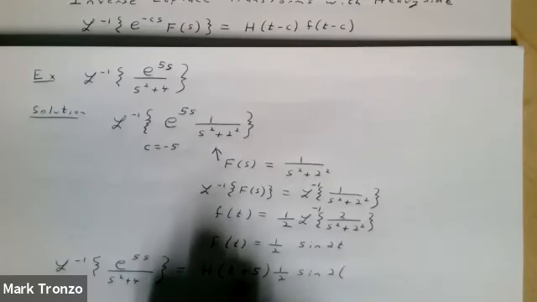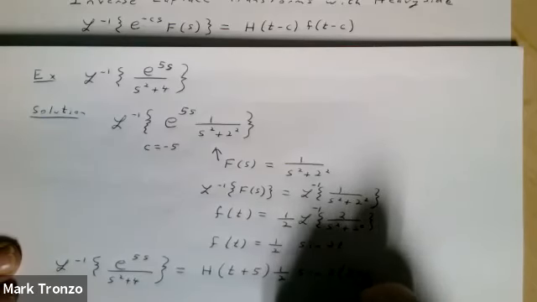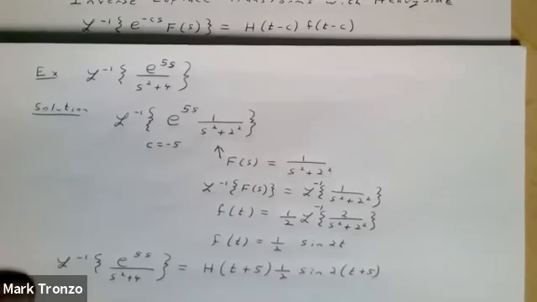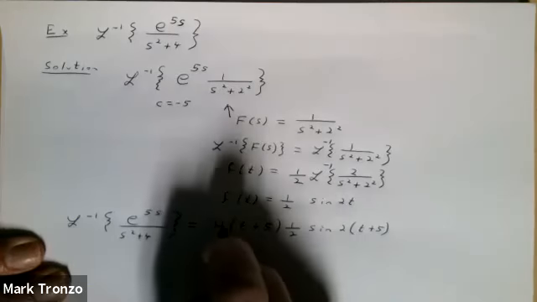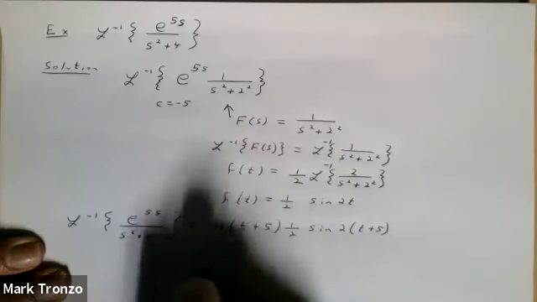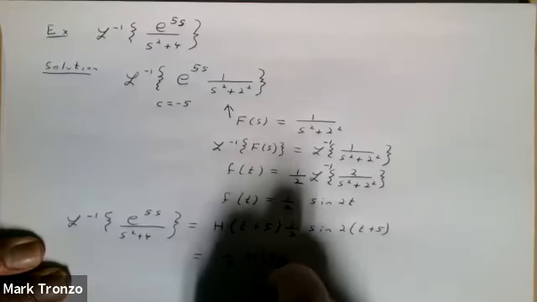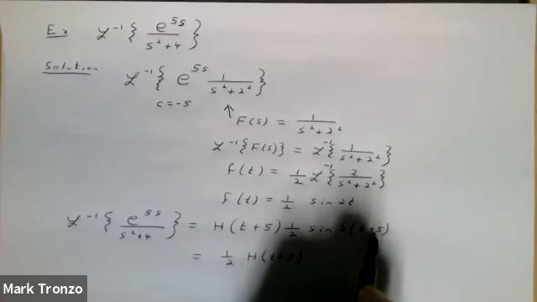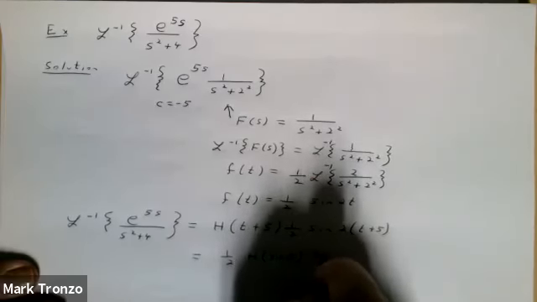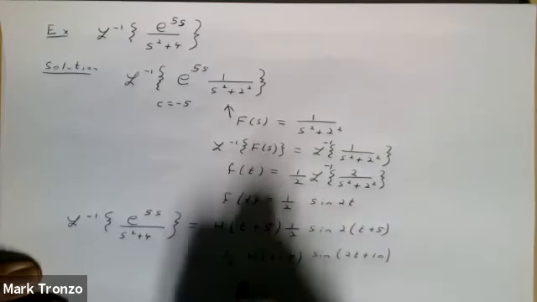But c was minus 5, so it's going to be t plus 5 again here, like this. And that's your answer. You could maybe, if it looks a little bit better, put the 1/2 in front. And if you wanted to distribute the 2, you can. And that's our answer.